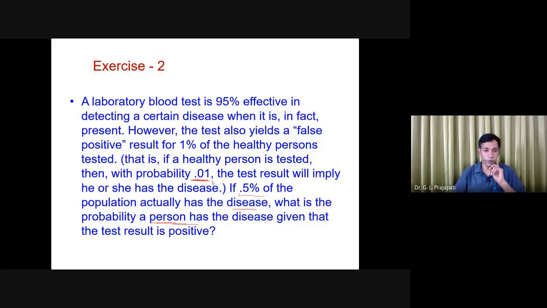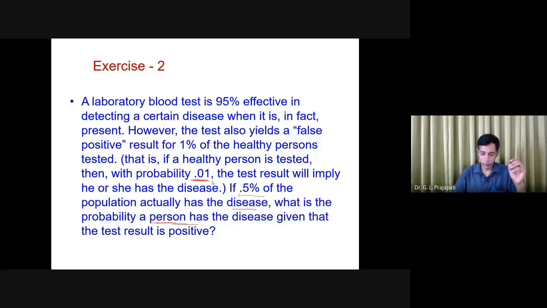So how can you compute this? What is the probability a person has the disease given that the test result is positive? You can assume D for the event that the person has the disease, and with some different letter like E, you can say that the test result is positive.